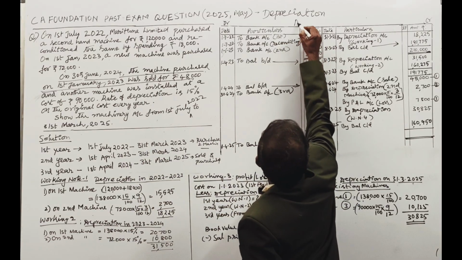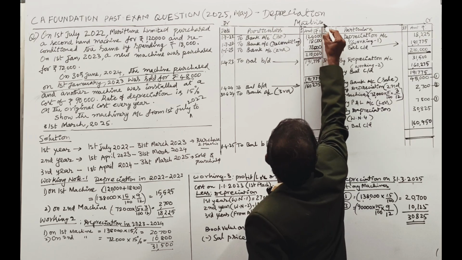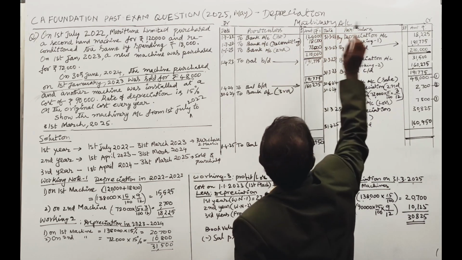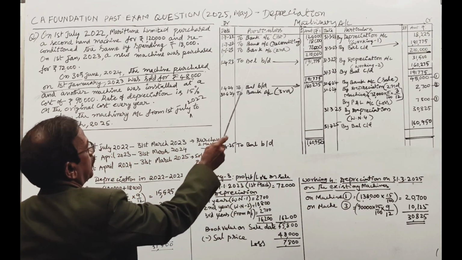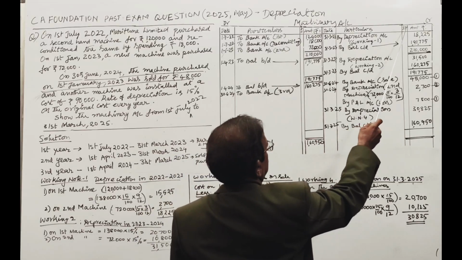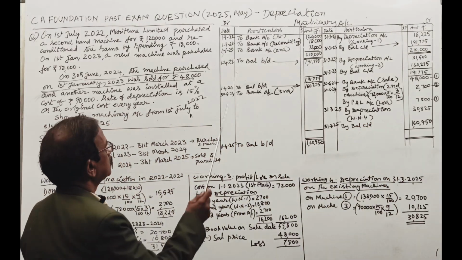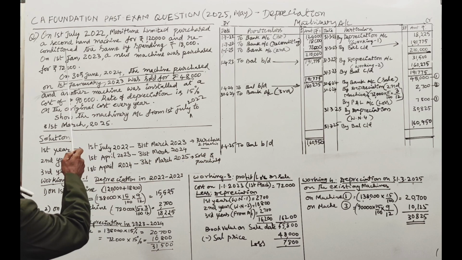Here, machinery account. Debit and credit. Date, particulars, amount, JF. Date, particulars, JF, amount. These all you know. Now, let us go back to the question.